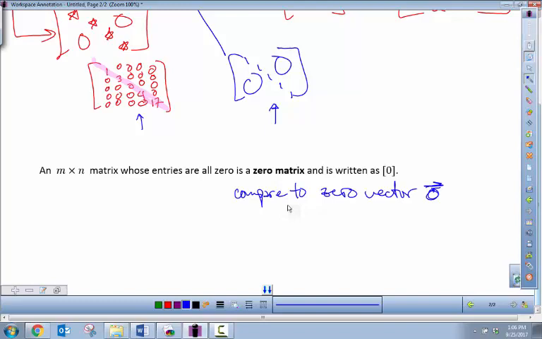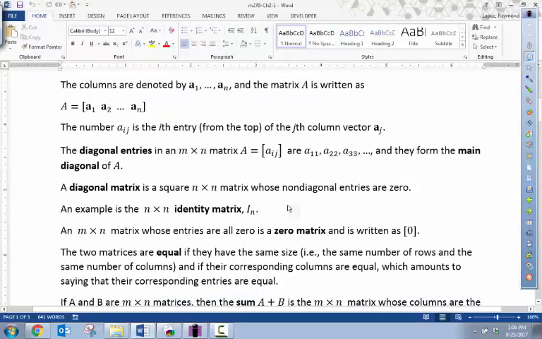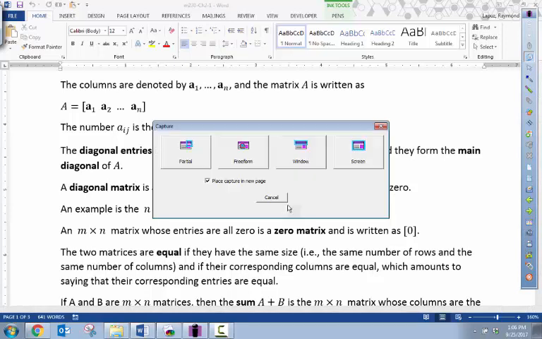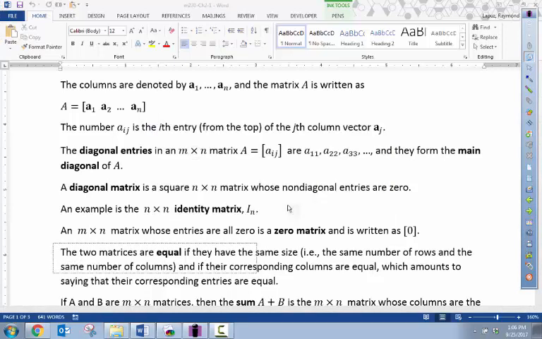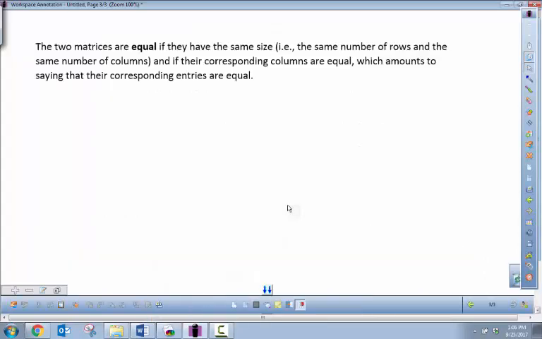Okay. What else do we got? Equality of matrices. Now this is kind of silly, but there's a lot of silly things that need to be said. So 2 matrices are equal if they have the same size and all their entries are equal.